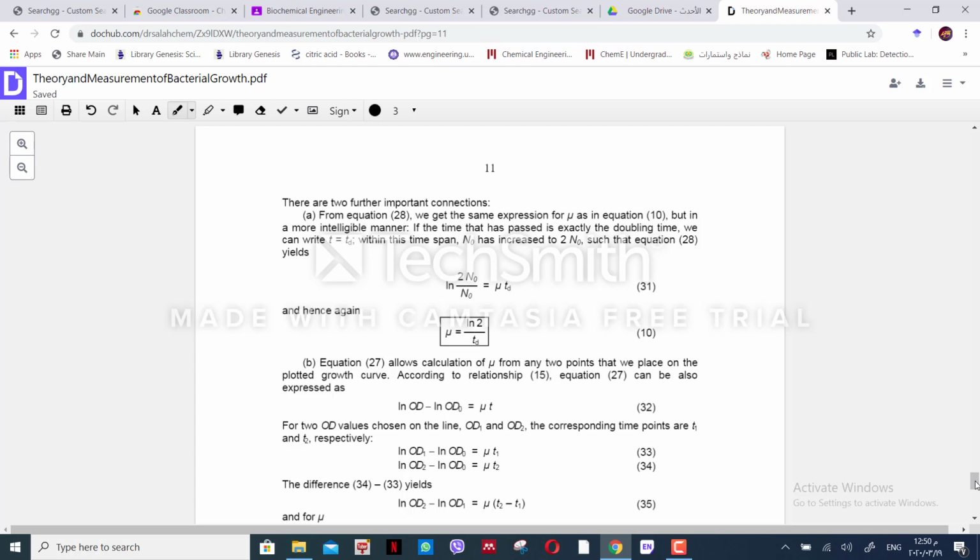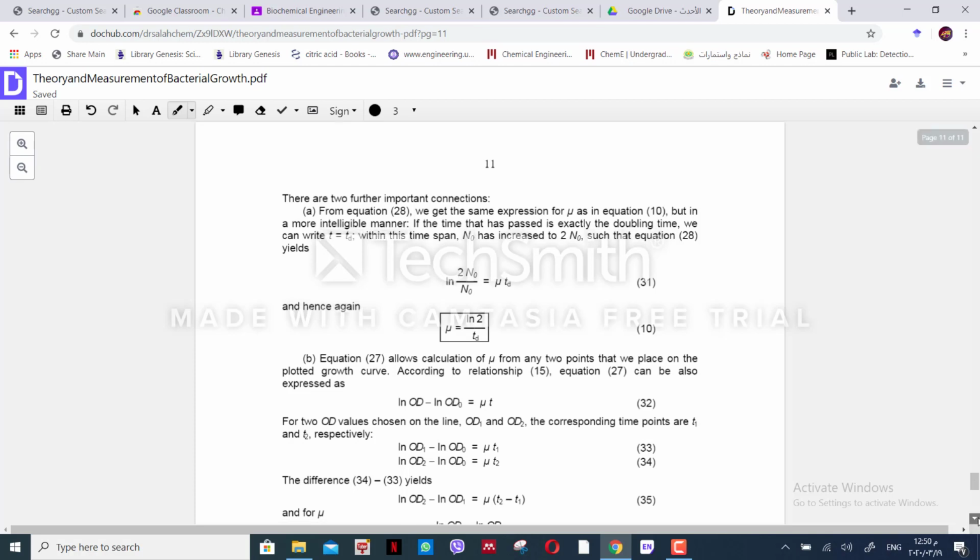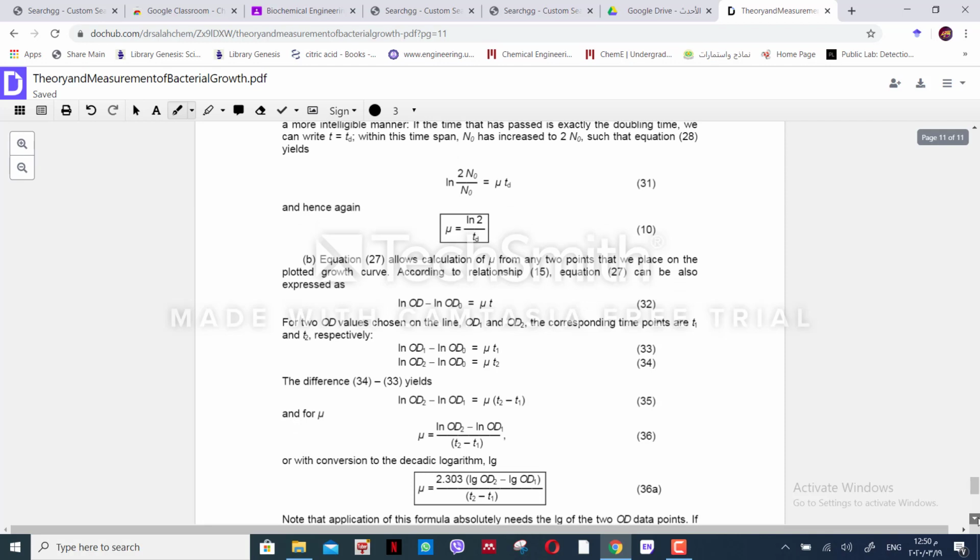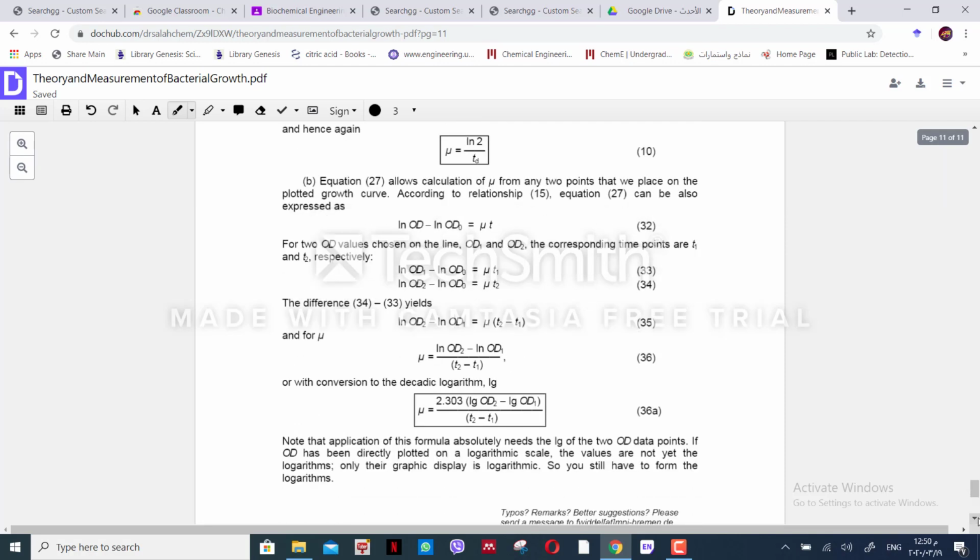According to the relationships 15, equation 27 can also be expressed as ln optical density minus ln optical density initial equal to mu t. For two optical density values here, we can put ln optical density 1 minus ln optical density initial equal to mu t1, and ln optical density 2 minus ln optical density initial equal to mu multiplied by t2.